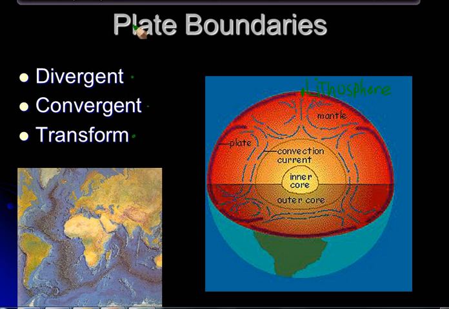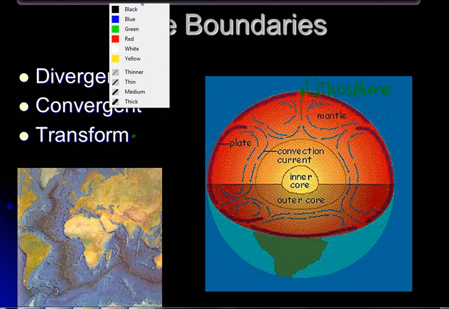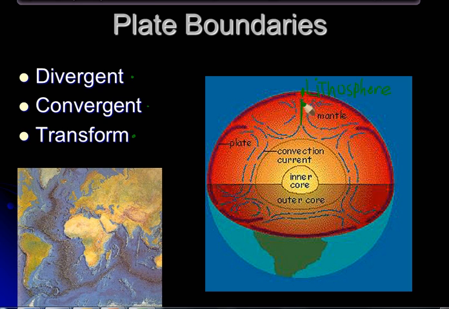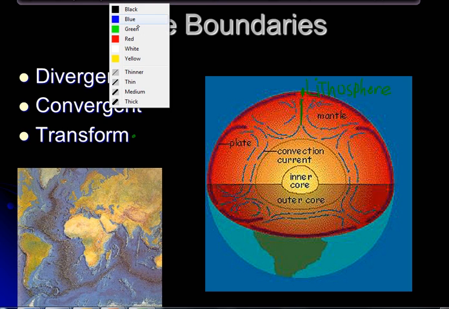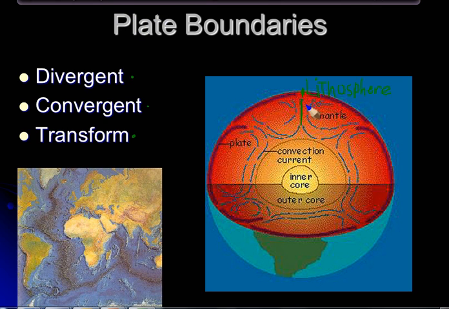Let me grab a different color here. The lower part of the mantle, this part right here. Let's go to blue. This lower part of the mantle is what we call the A-S-T-H-E-N-O-S-P-H-E-R-E, the asthenosphere.